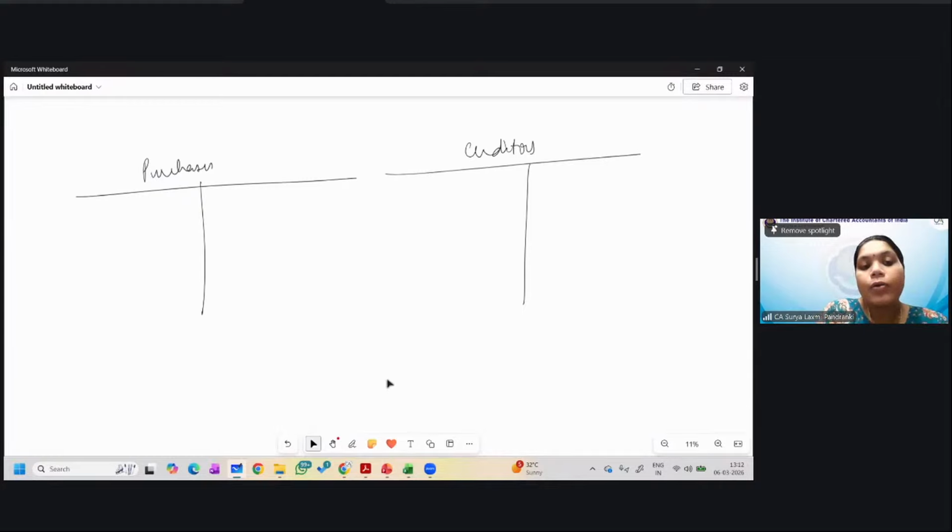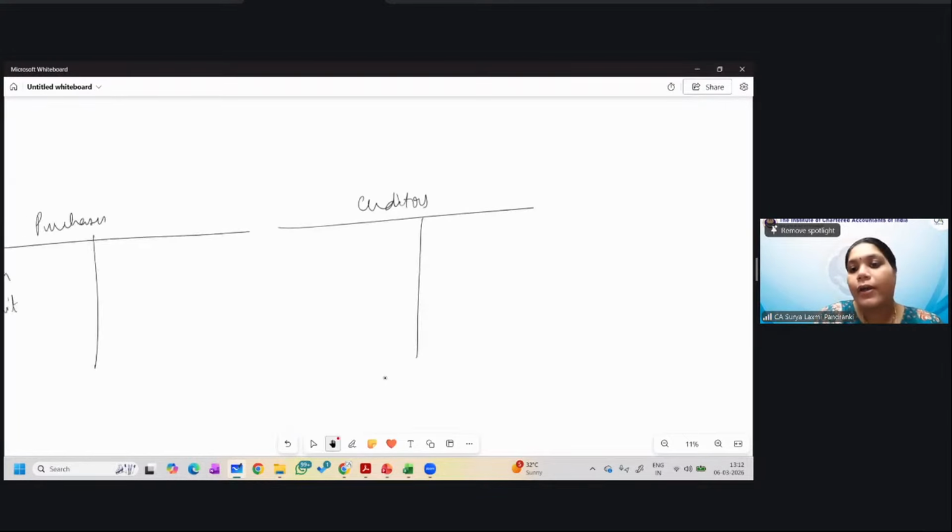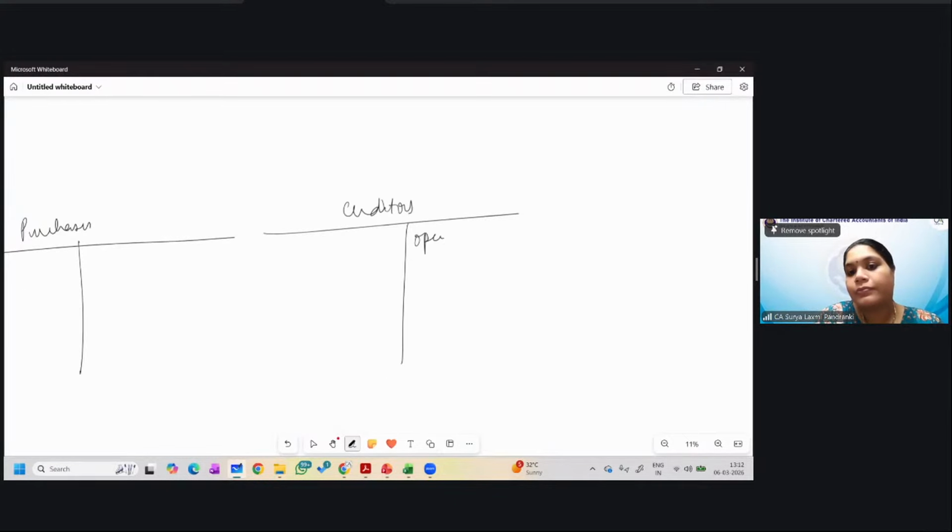Okay, great. Now, what are generally included in any purchases account? Cash purchases that you make, credit purchases that you make, everything is included. Yes or no? And what are included in creditors account?